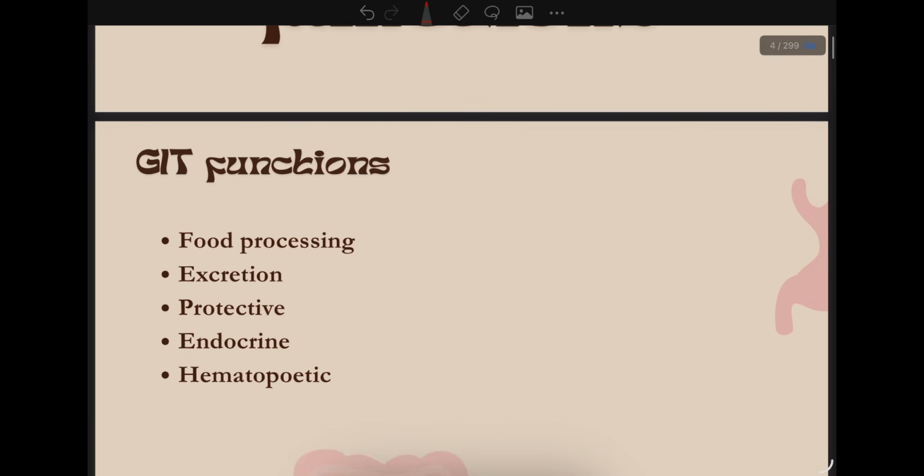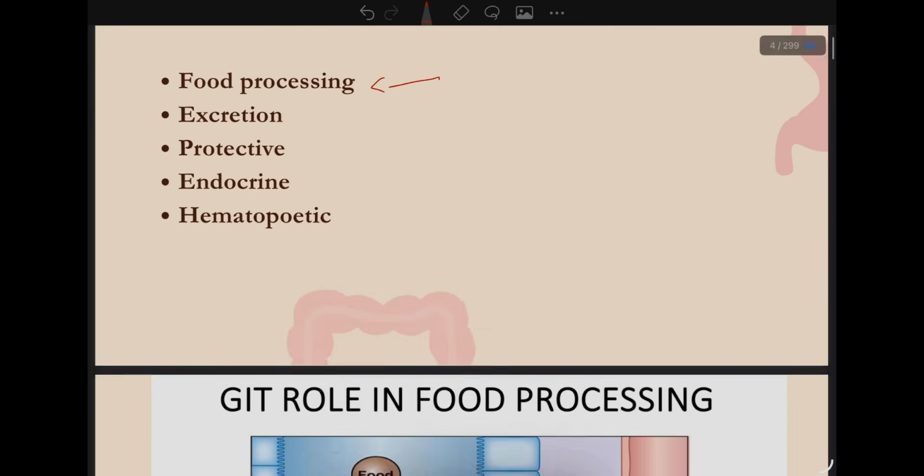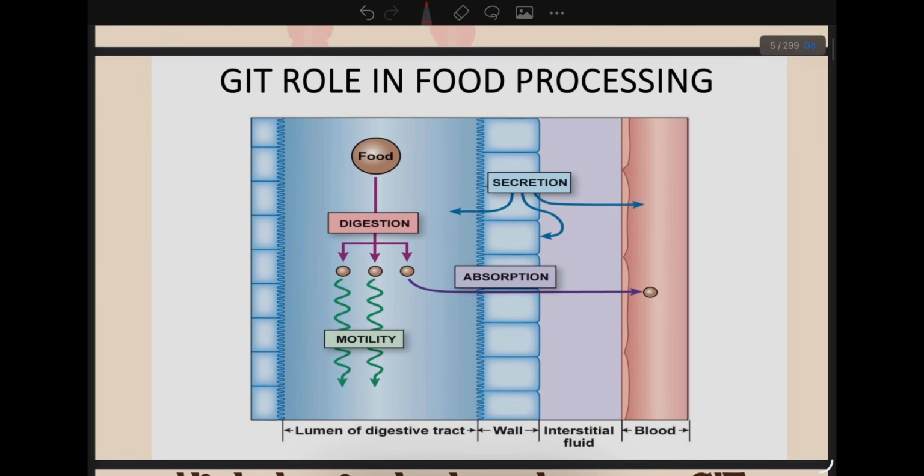Basically, these are the general functions of the GIT. No one will ask you to tell them the functions of the GI tract, so you don't need to memorize them. Just keep in mind food processing, because we will be talking about it now. Food processing could be many different things. It could be digestion, which is the breaking down of large molecules into small molecules so they are easier to absorb. For example, you turn proteins into amino acids by digestion.